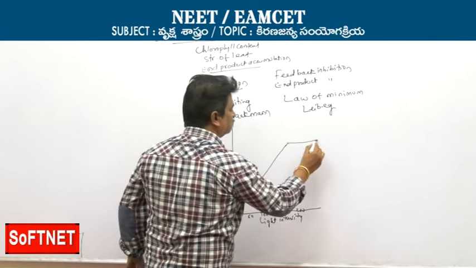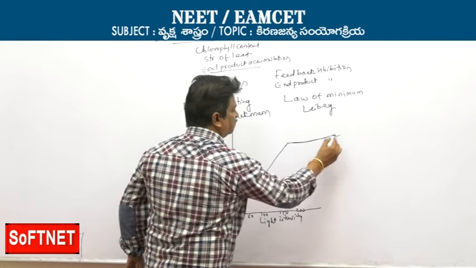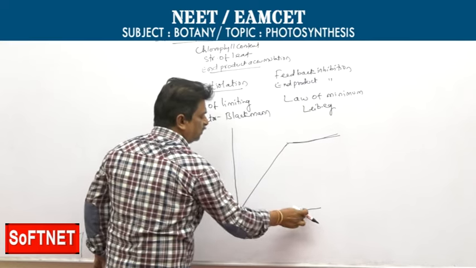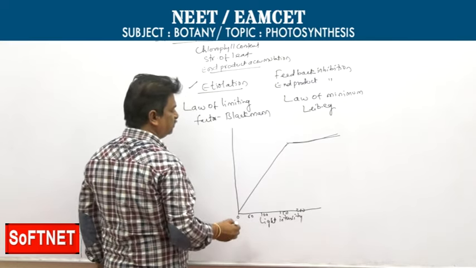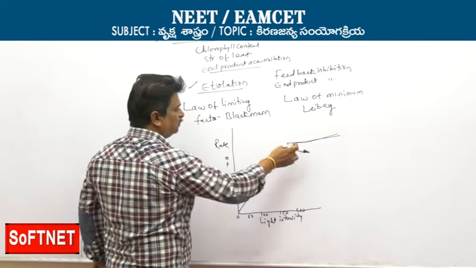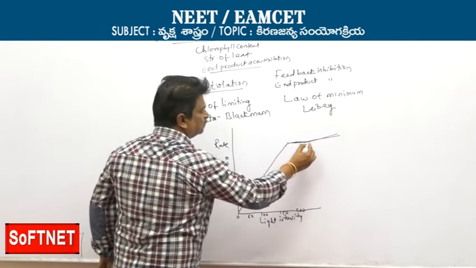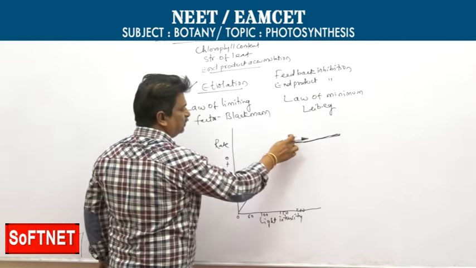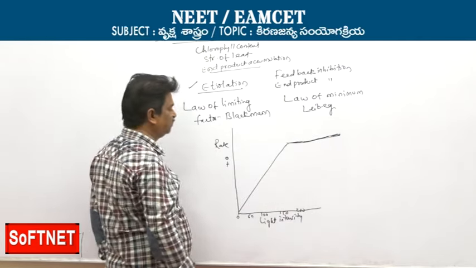How? If light intensity is increased beyond 200 units, the rate of photosynthesis does not increase, it becomes constant.